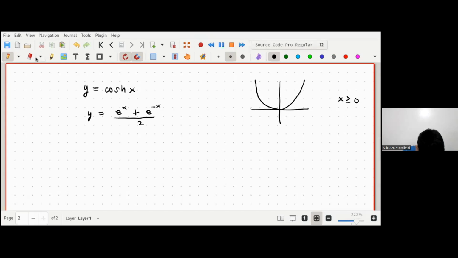So, yan yung graph ng cosh, kalahati lang para well-defined yung inverse. So, if we use the rule, replace x by y and y by x, e to the y plus e to the minus y over 2 is equal to x. And then solve for y. So, pwedeng pakigawa, tapos patingin.